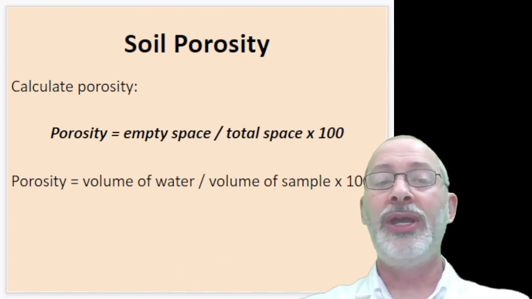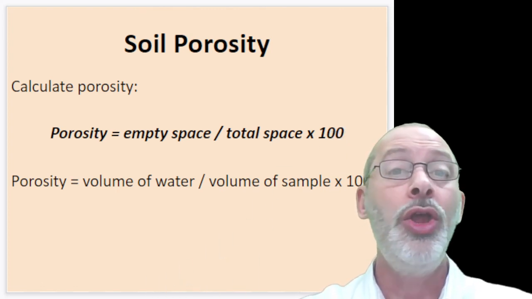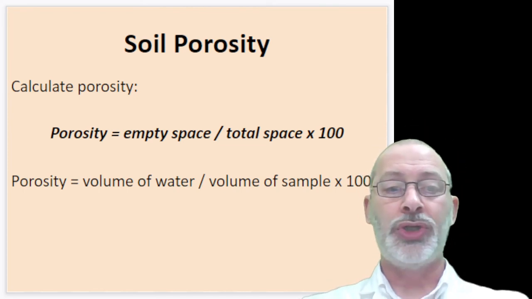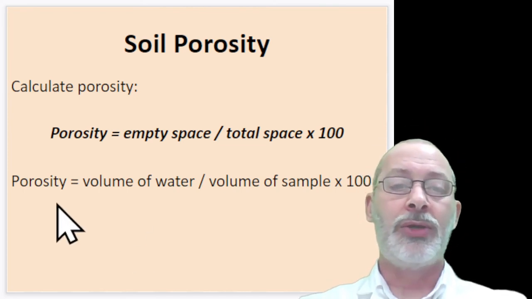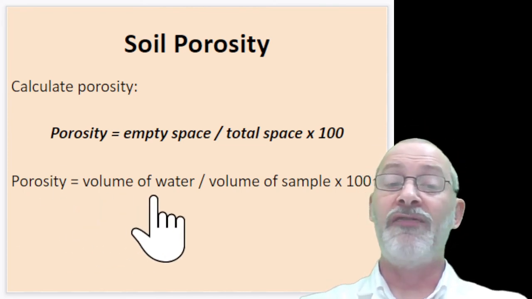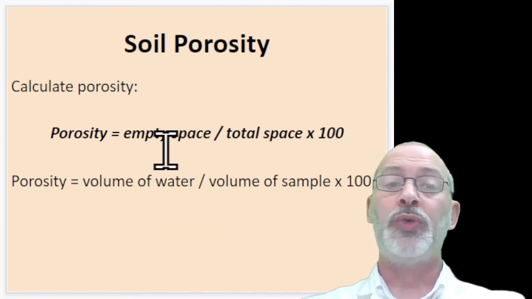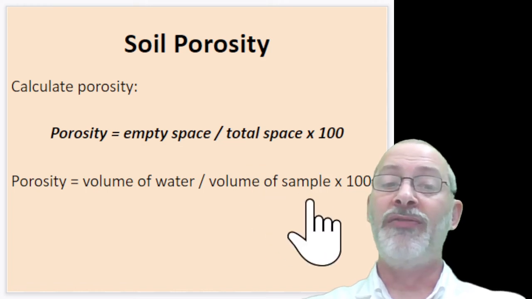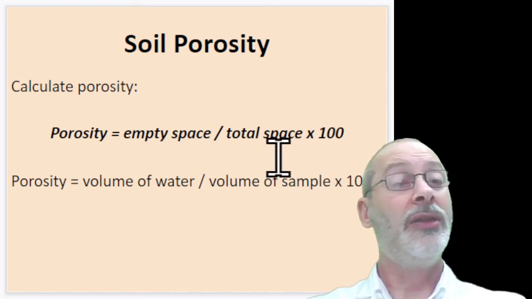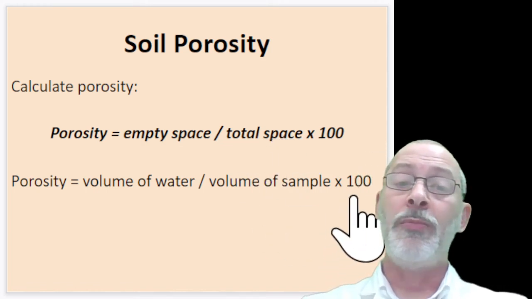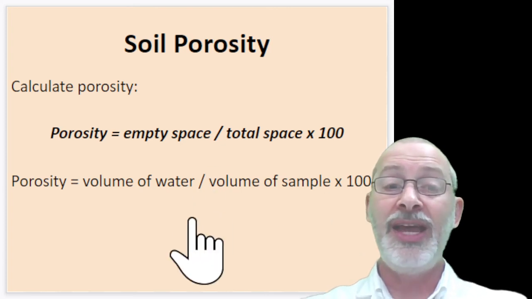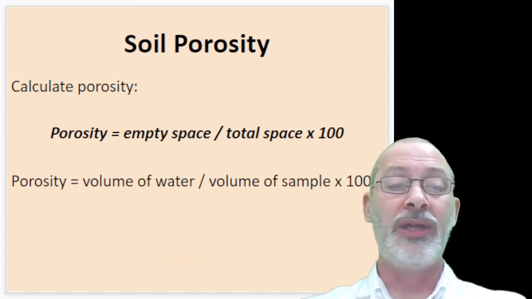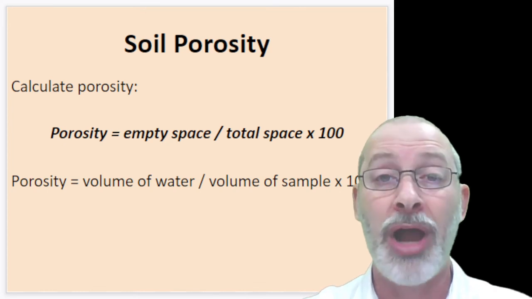And so we would be able to calculate soil porosity, which is what we will be doing because we're going to have a volume of water, which will be representative of the empty space, and the volume of the sample, which will be the total space. And we'll multiply that by 100 after dividing. And so we're going to be able to calculate soil porosity.